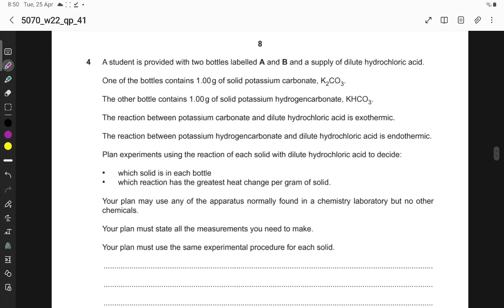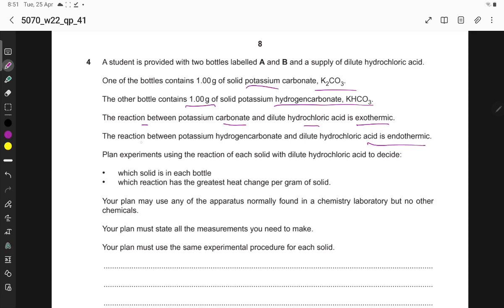This is the plan and design, and this is the most important question from the new pattern of ATP paper. A student is provided with two bottles labeled A and B and a supply of dilute hydrochloric acid. One bottle contains 1 gram of solid potassium carbonate, the other 1 gram of potassium hydrogen carbonate. The reaction between potassium carbonate and dilute hydrochloric acid is exothermic.